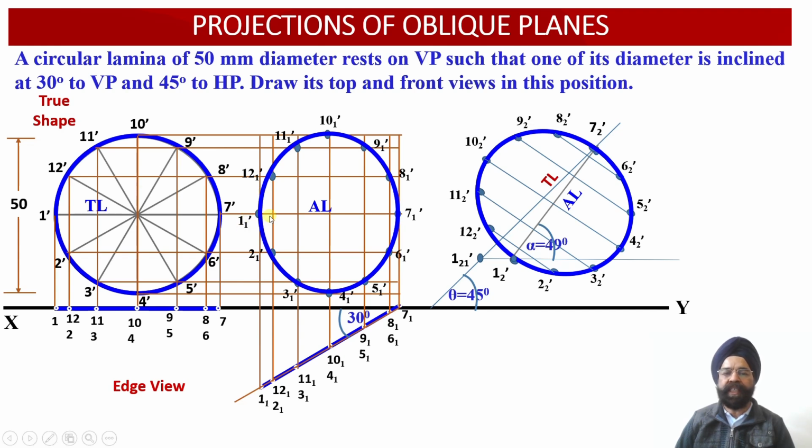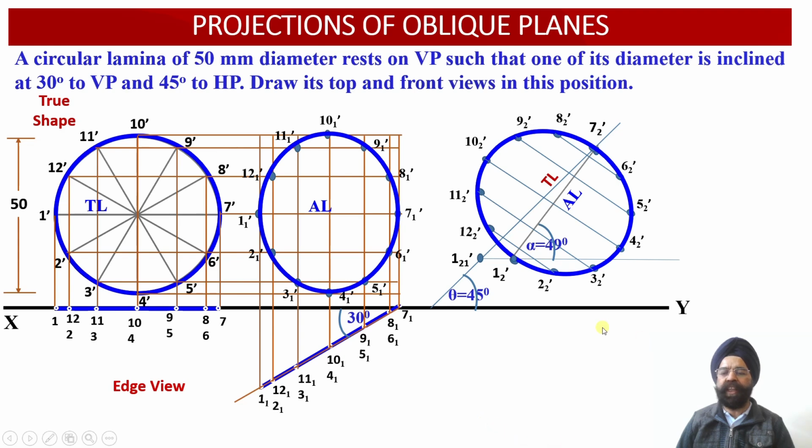So the only thing is, we have been able to reorient the position of this apparent shape ellipse in such a way that this diagonal 1 1 dash and 7 1 dash has been reoriented at an angle of 49 degree over here.